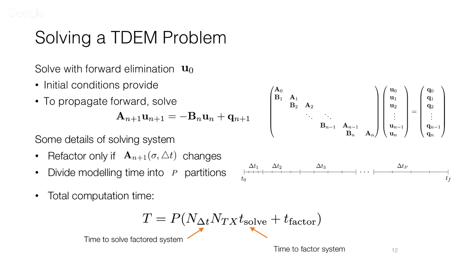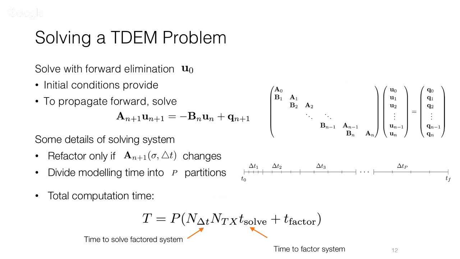But let's just think about time. It's going to be the time to factor this matrix, then the number of transmitters, and then the time to solve each system. Those all get multiplied together, plus the factorization time.